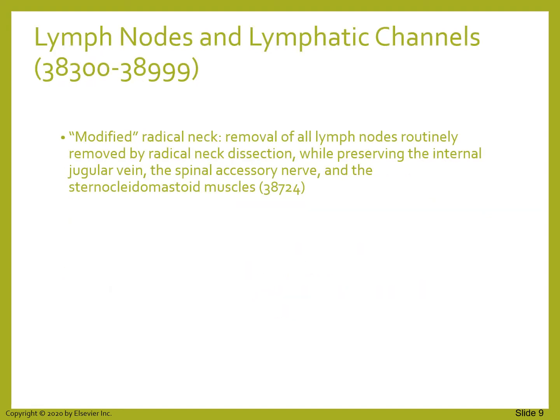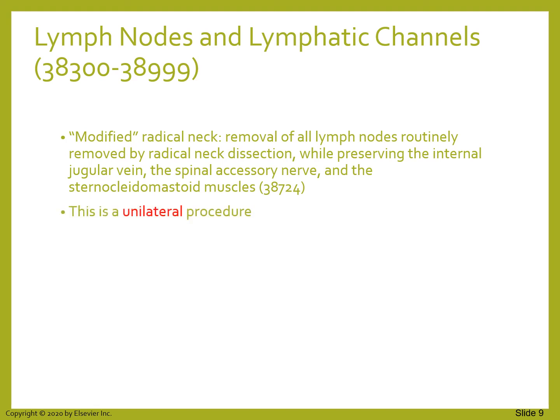We have the term modified radical neck lymphadenectomy, which would be the removal of all the lymph nodes routinely removed by radical neck dissection. But the internal jugular vein would be preserved as well as the spinal accessory nerve and the sternocleidomastoid muscle.